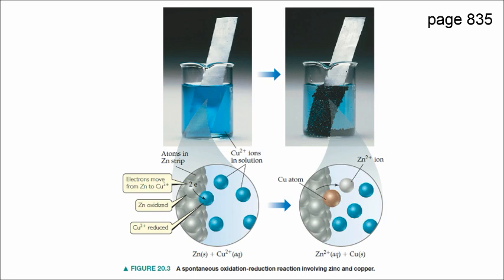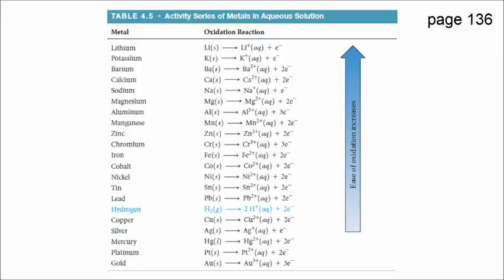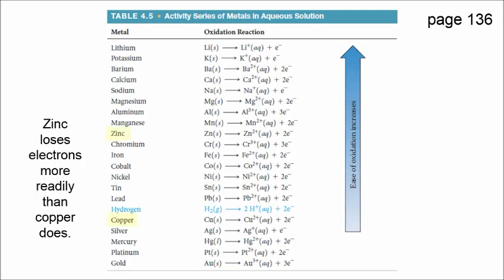So in this reaction, the zinc is being oxidized from 0 to +2, and the copper is being reduced from +2 to 0. So that is the overall balanced equation, and you can see it right here. Zinc is being oxidized, copper is being reduced. If we try the reverse reaction, it does not take place because zinc loses electrons more easily than copper.